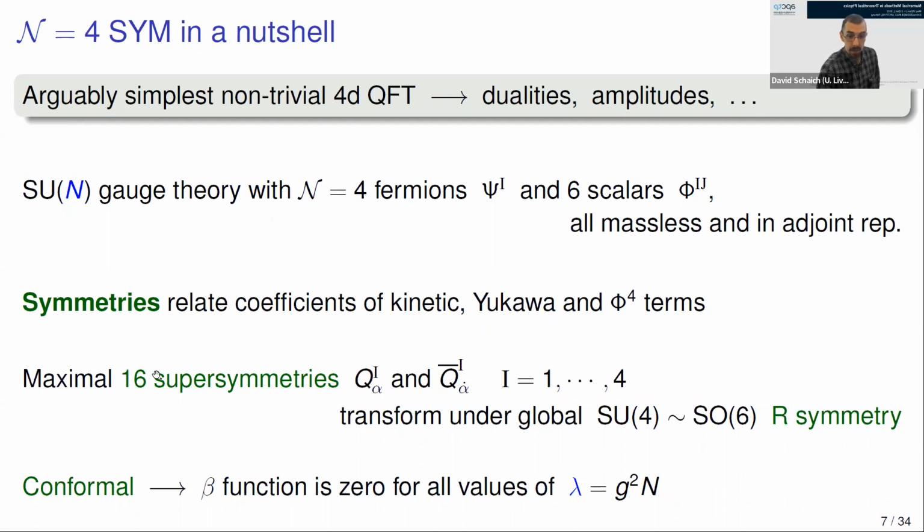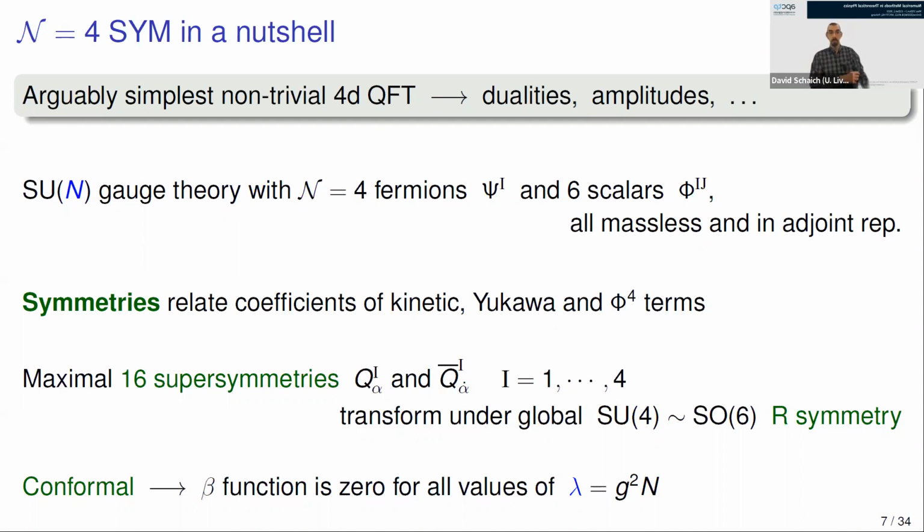And they include, in addition to these maximal 16 supersymmetries, so Q and Q bar ranging from 1 up to calligraphic N equals 4, all of the indices on the supersymmetries and these fields refer to transformations under a global symmetry, what is known for historical reasons as an R symmetry, which is an SU(calligraphic N = 4), which we can also replace by the SO(6) that SU(4) is equivalent to for our purposes.